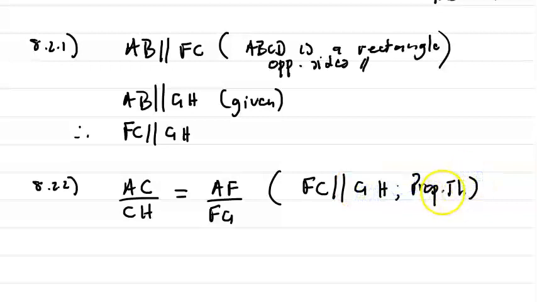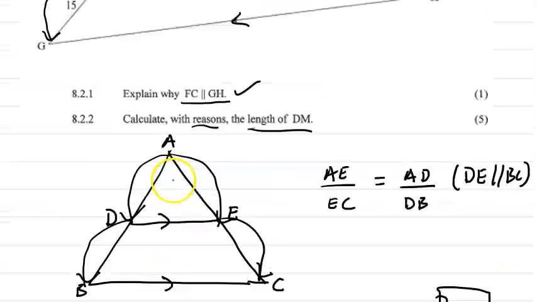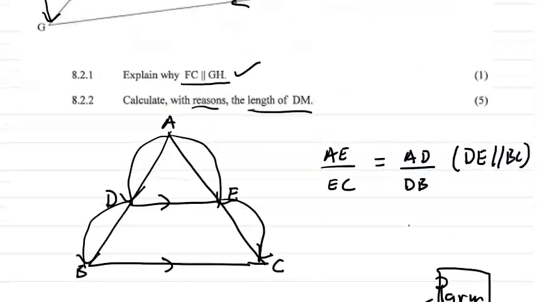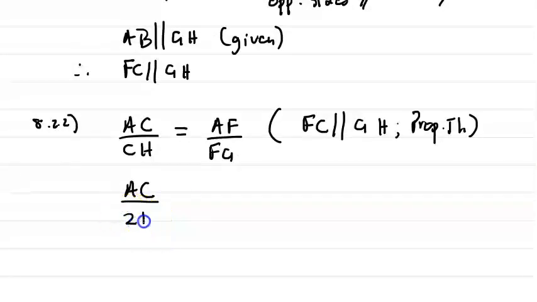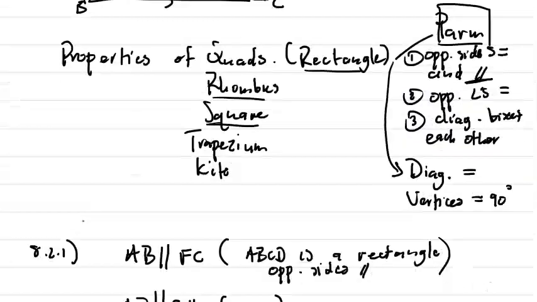Proportionality theorem, or we can write line parallel to third side of triangle. Therefore, AC over CH is 21 equals AF is 20 and FG is 15. So that will be 20 over 15.